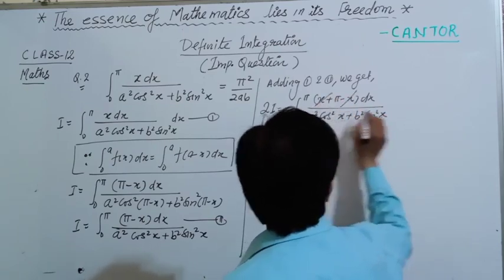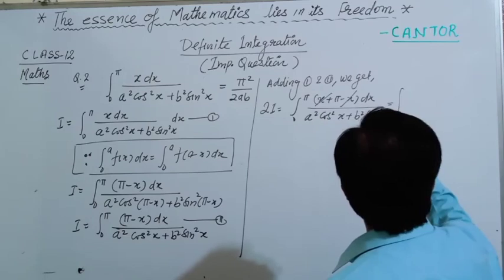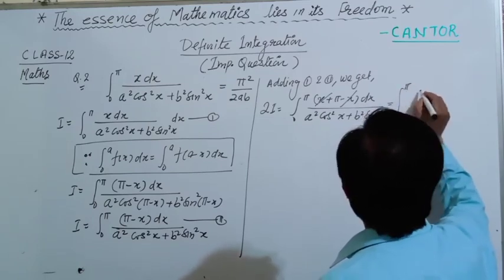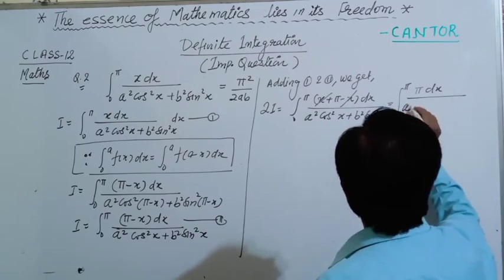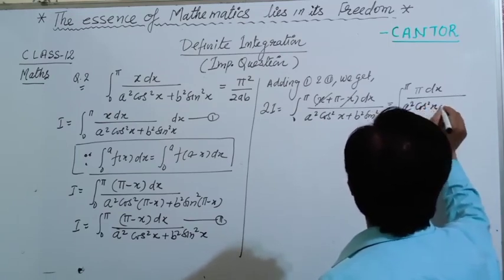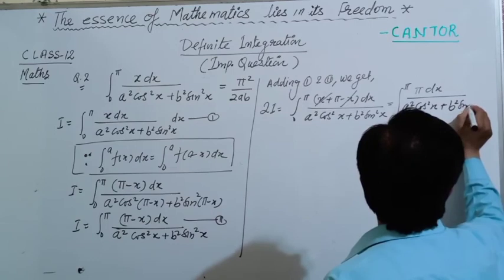The x cancels out, so this is the integral from 0 to pi of pi dx upon a square cos square x plus b square sin square x.